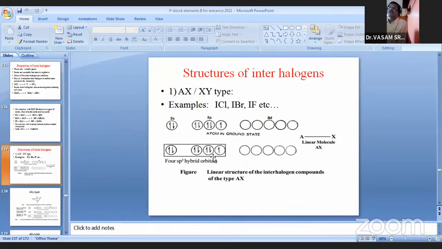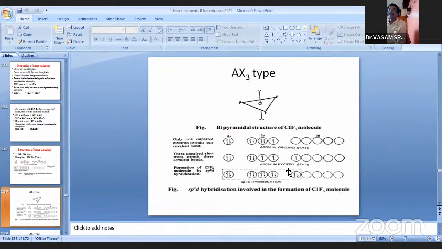Out of the 4 sp3 hybrid orbitals, 3 contain 2 electrons, but one sp3 orbital contains only 1 electron. This unpaired sp3 orbital overlaps with the p orbital of chlorine to give the ICl molecule. So around A there are 3 lone pairs and 1 sigma bond. The geometry is linear, with sp3 hybridization.